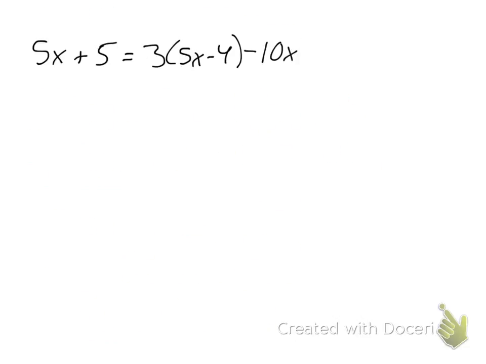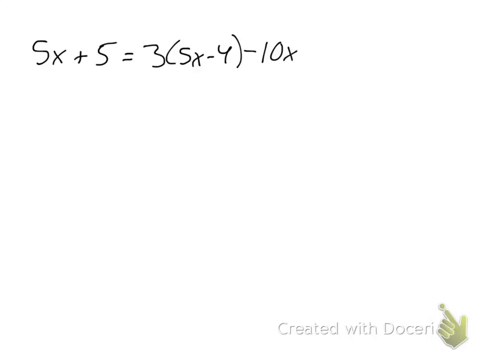So this one I think is the last example. This one has some grouping symbols in it. Some things that we possibly want to combine on one of the sides before we start to add and subtract from both sides. So again, simplify each side first before you start to bring stuff around the corner or the wall or the border here or whatever you want to call it from one side to the other.